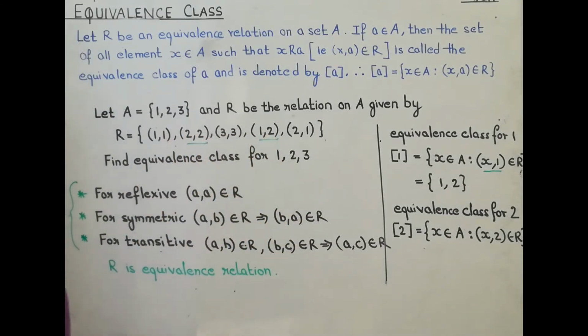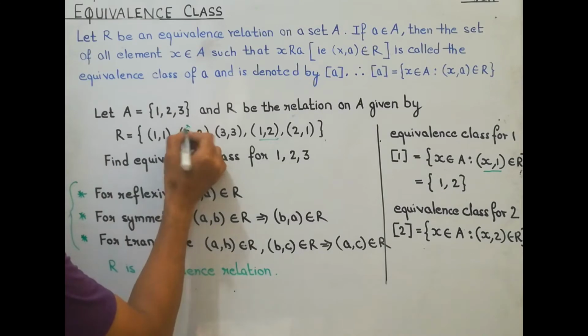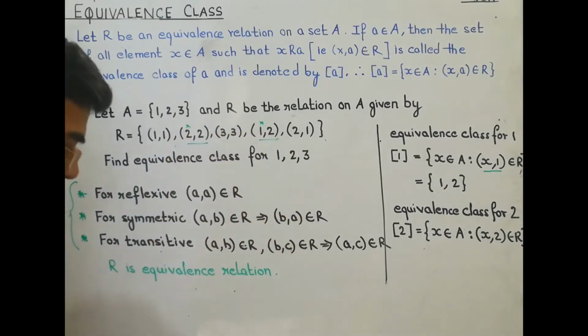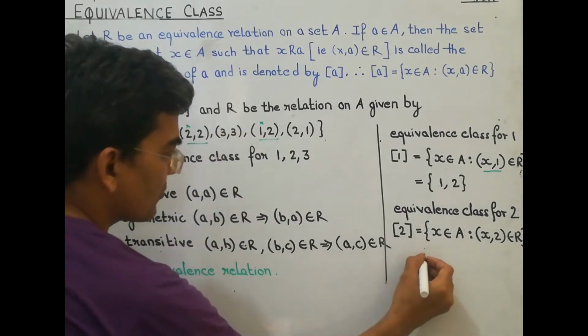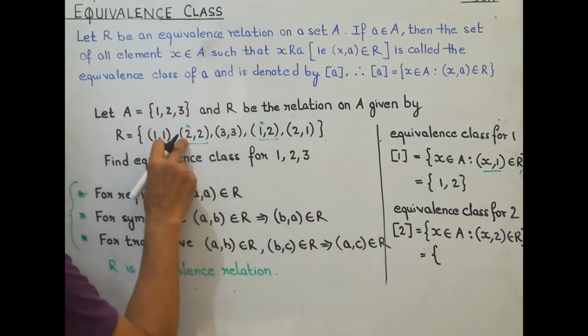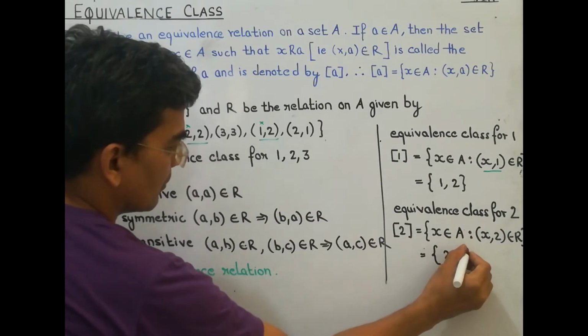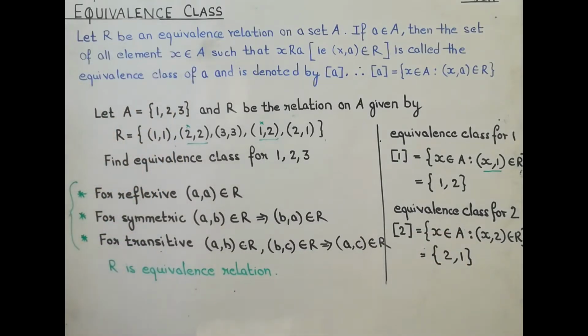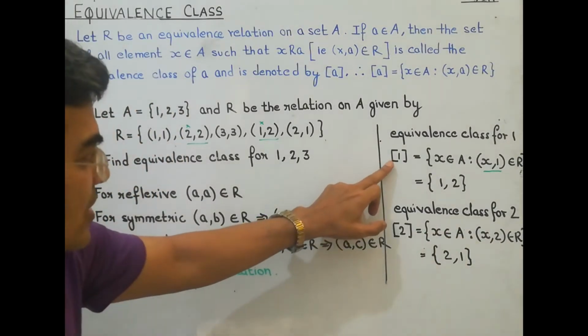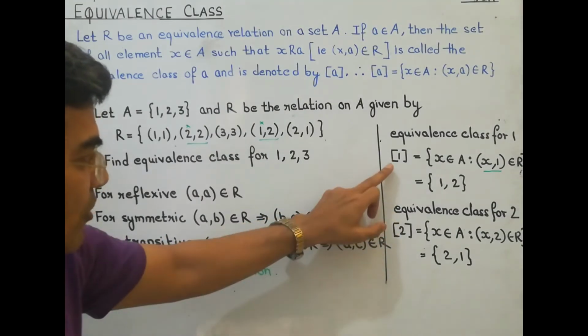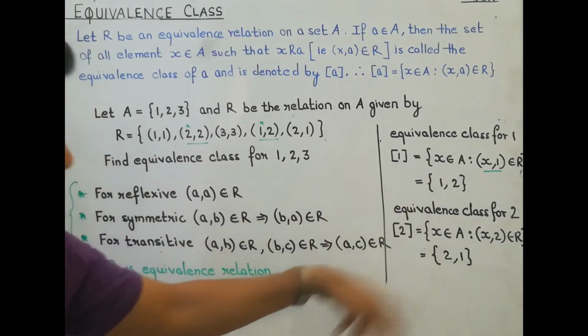So to write it in the form of a set, x is 2 and x is 1. So that means here we see that the equivalence classes for 1 and for 2 are the same.